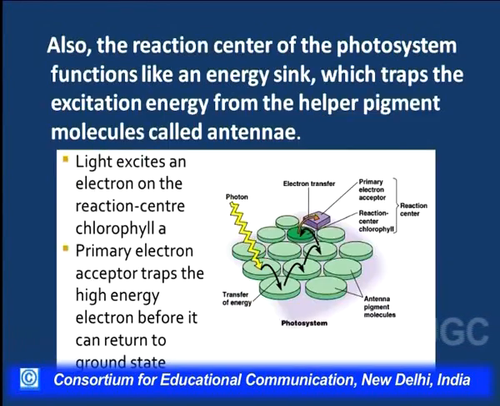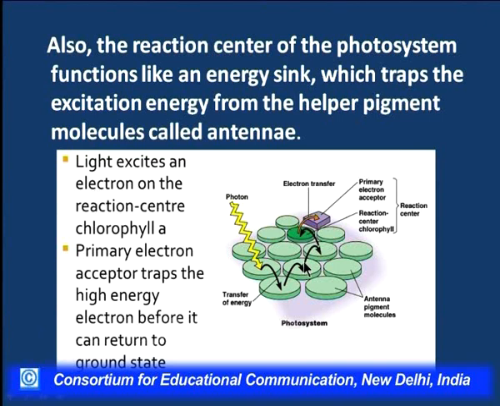So it is something like a funnel. If we see a diagrammatic representation of the so-called reaction center, the photons would fall on the antenna molecules. There is a transfer of energy, which in this case is resonance transfer, and this all has to be done before the electron can return to the ground state.